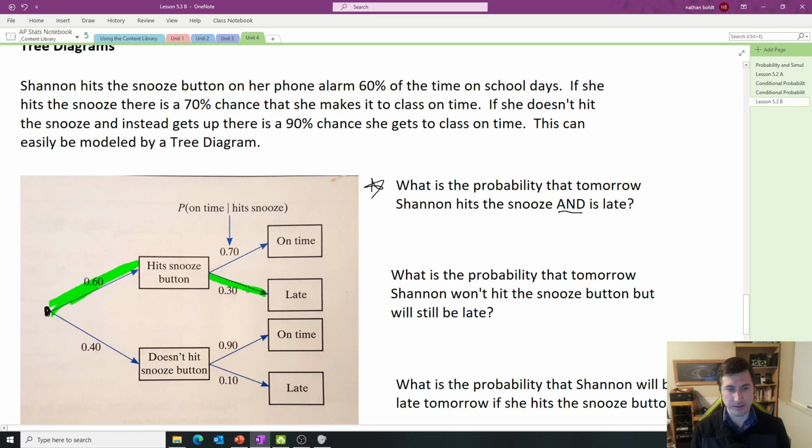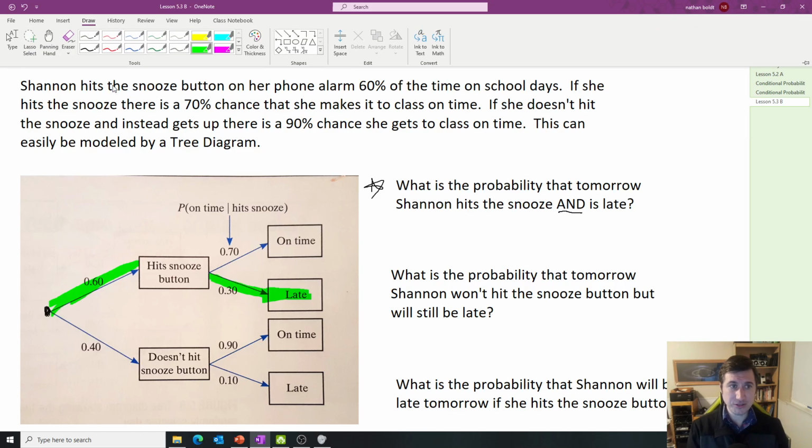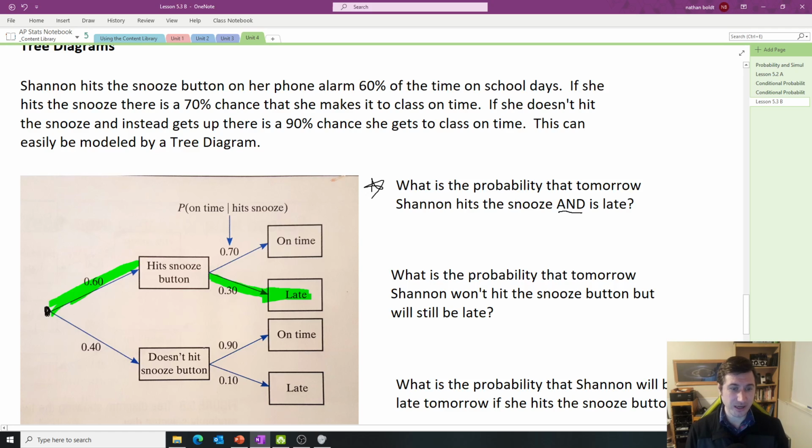That's this way, right? To find that probability, all we have to do is multiply along that line. 0.6 times 0.3. That will give us the probability of the and, because this 60% right here is the probability of a snooze.